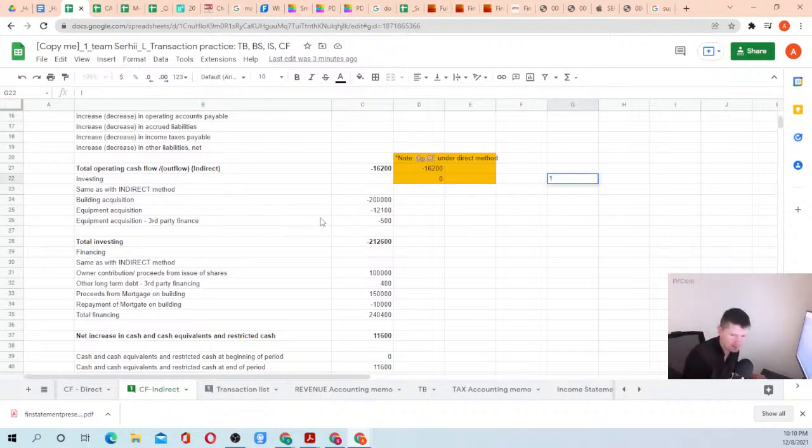So first scenario, all PP&E was acquired by cash. Opening PP&E. We know from the balance sheet opening PP&E and we know closing PP&E. And the balancing figure will be cash paid for PP&E.